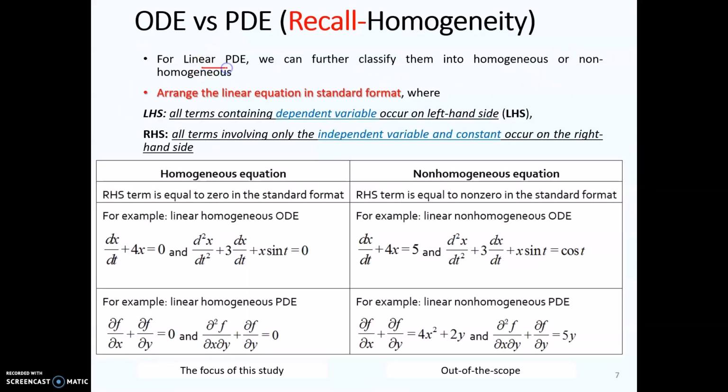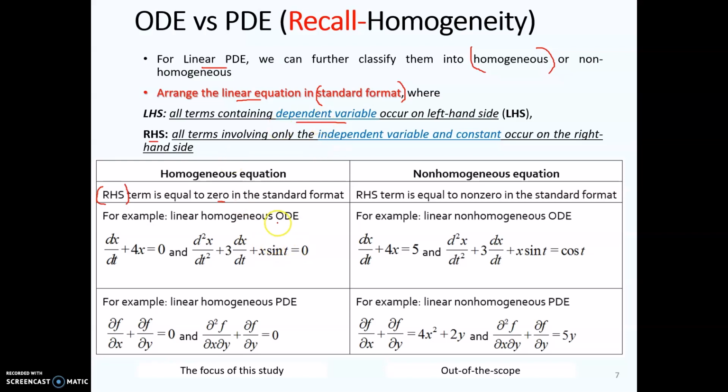For the linear PDE, we can further classify them into homogeneous or non-homogeneous. You need to arrange the linear equation in the standard format, where left hand side it consists of the dependent variable and the remaining coefficient you put it at the right hand side. So if you see the right hand side term after you rearrange it is equal to 0, then it's called the homogeneous equation.